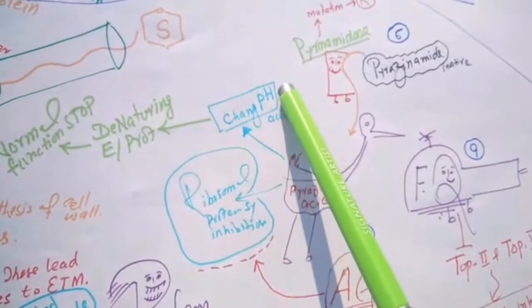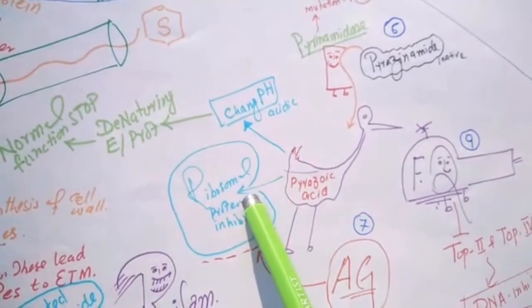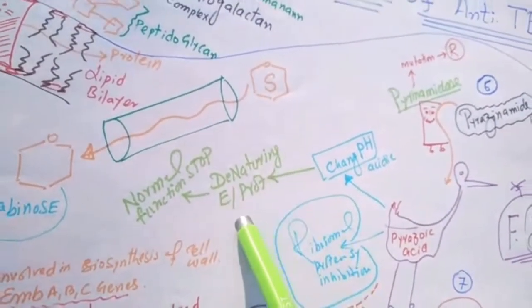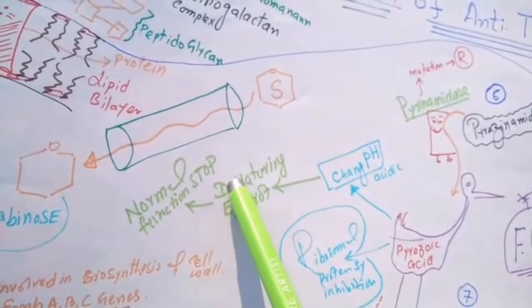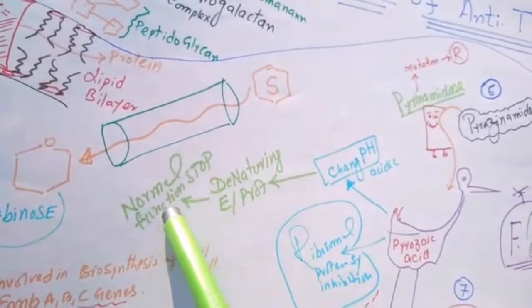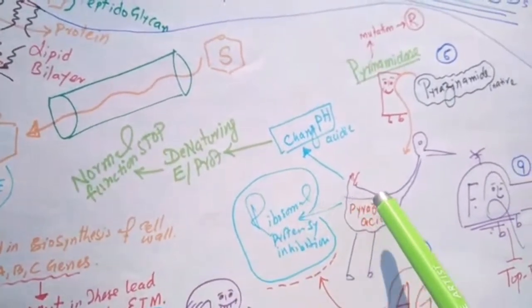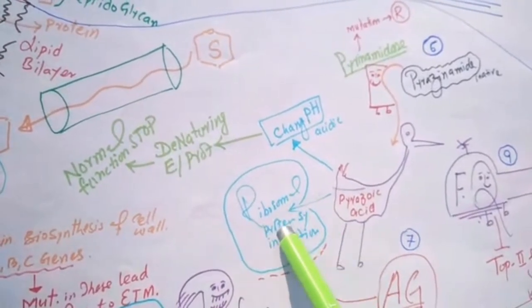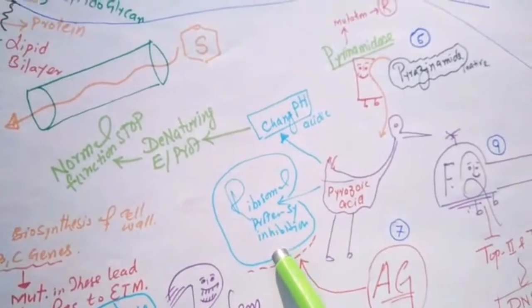Now this acidic environment is responsible for a lot of biochemical changes, including denaturing of protein and iron enzymes. The denatured enzymes cannot function normally. Pyrazoic acid is also responsible for inhibition of ribosomal protein synthesis.